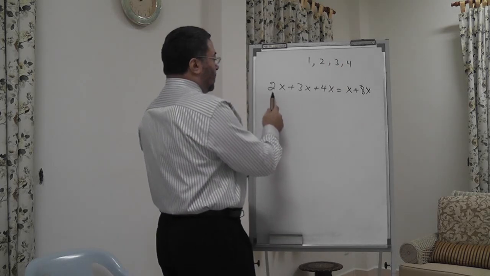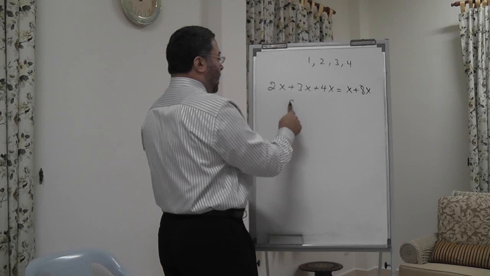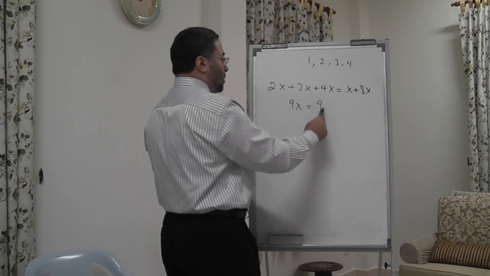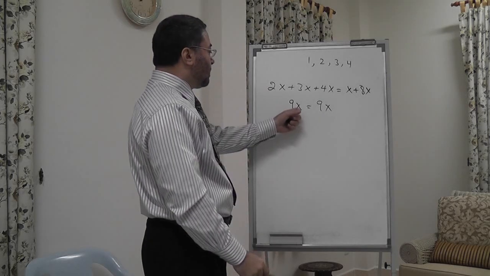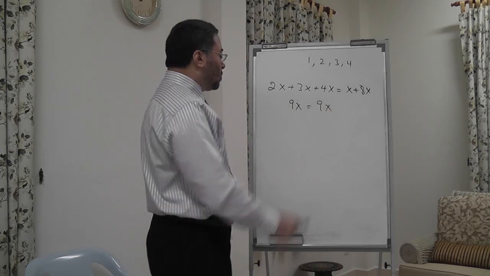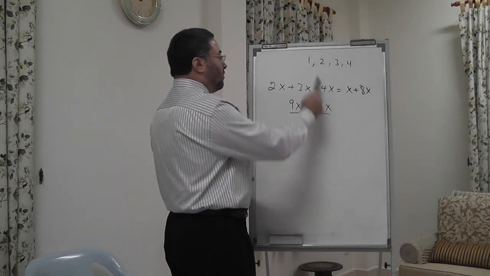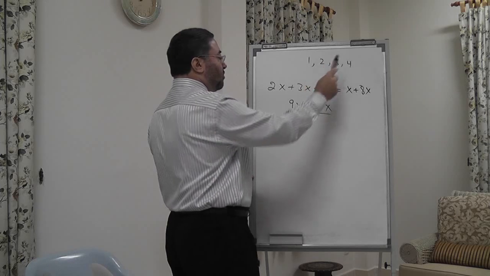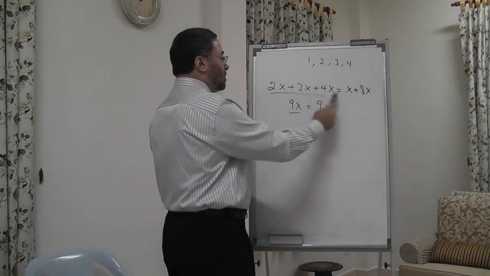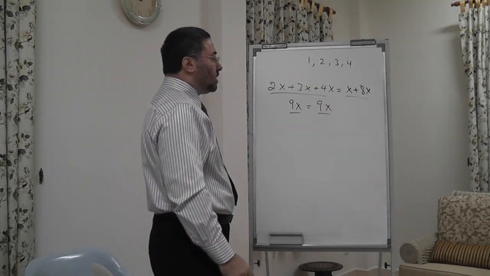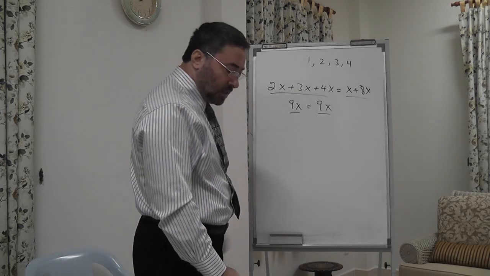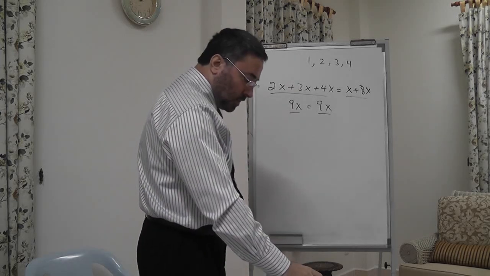You can right away see that we have 9x on this side and 9x on the other side. So whatever the value of x, these two quantities are going to be equal. So if I replace x with 1, 2, 3, or 4, these two sides of the equation are going to be equal. So if this is the replacement set, it is also the solution set.